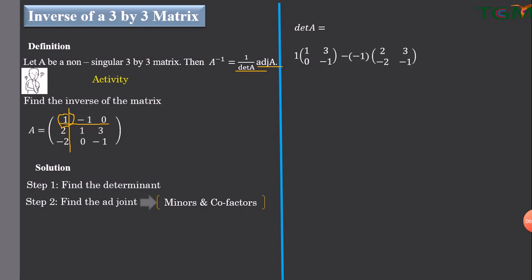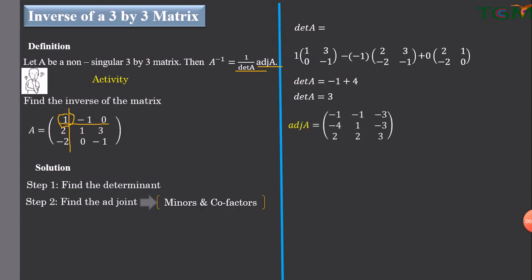Minus negative 1. If we take out the second column and the first row, we are going to remain with that matrix, and 0 as well. The determinant of A is equal to negative 1 plus 4, which will give us 3.